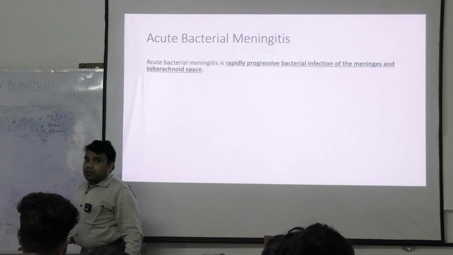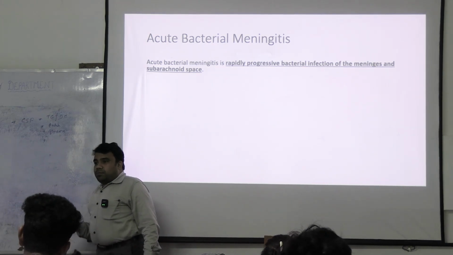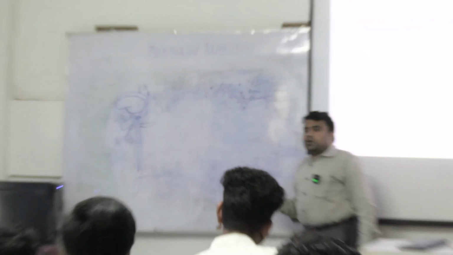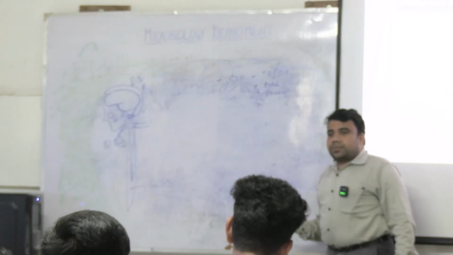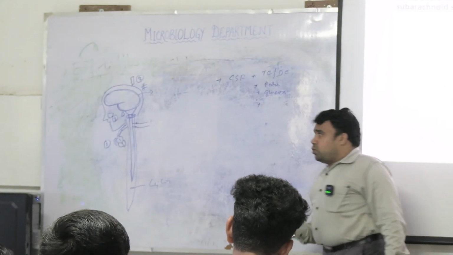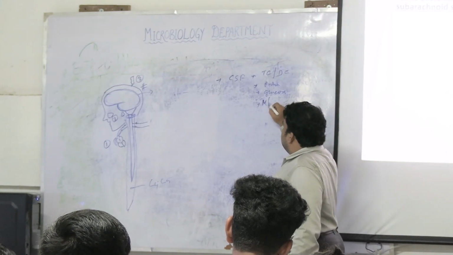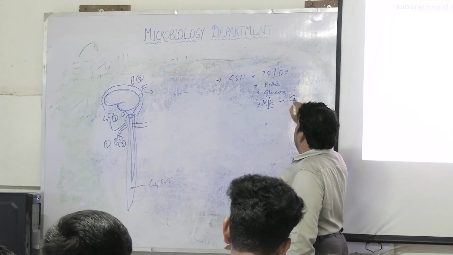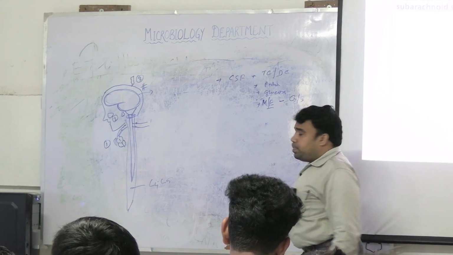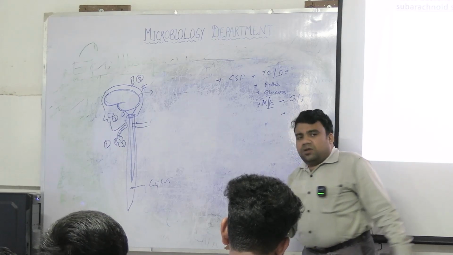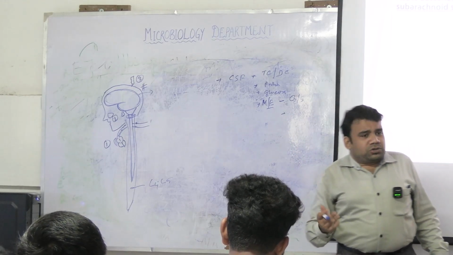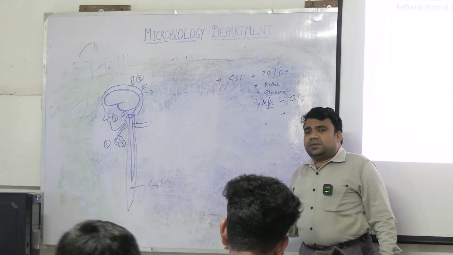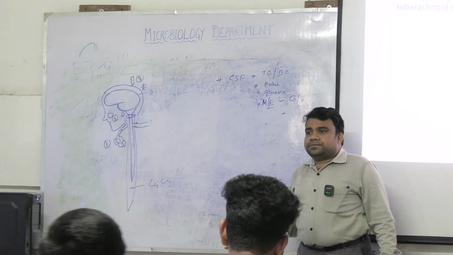Next, what test do we have to do to confirm the bacteria? Good. First, we need to look at the microscopic examination. In microscopic examination, we need to do gram stain for bacteria. Obviously, for viruses, we need an electron microscopy, which is generally not available. Next, for tuberculosis, is there any particular kind of stain?